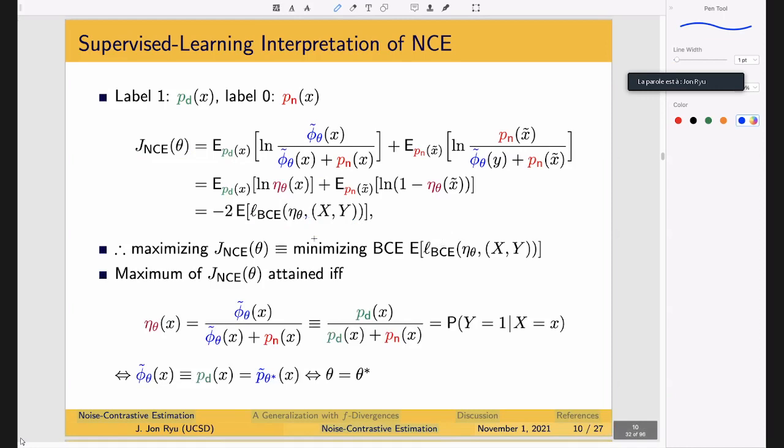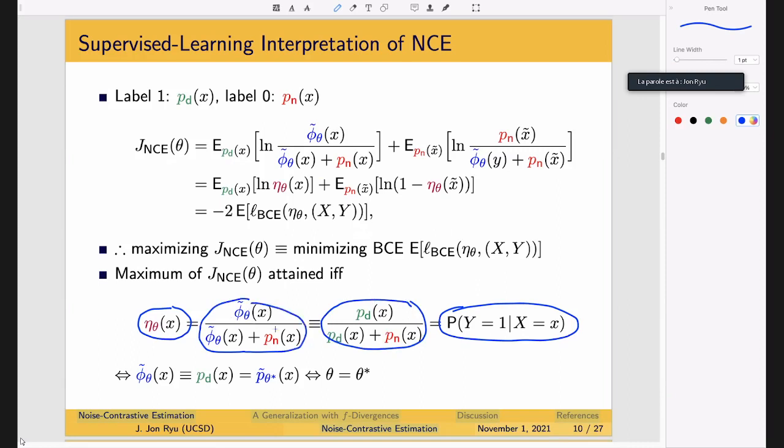So the maximum of the NCE objective is attained if and only if eta theta x becomes equivalent to the underlying conditional probability. We noted that it's this by Bayes' rule, and we parameterized eta theta by this form. And this can happen if and only if phi tilde is equivalent to the data generating distribution, phi tilde theta star.